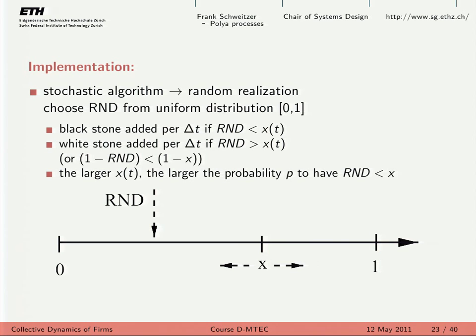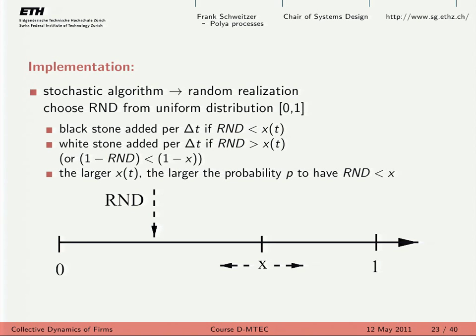You calculate at every instance in time the fraction of black and white balls in your urn, that is the small x, and then you add a black stone if the random number you have chosen is less than x, and a white stone if it's larger than x. You can invert this and do it the other way around if you want, so it doesn't change the result. But what you have to remember here is that initially the x is 0.5.